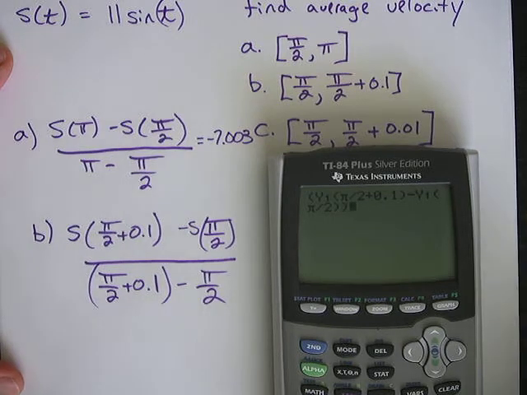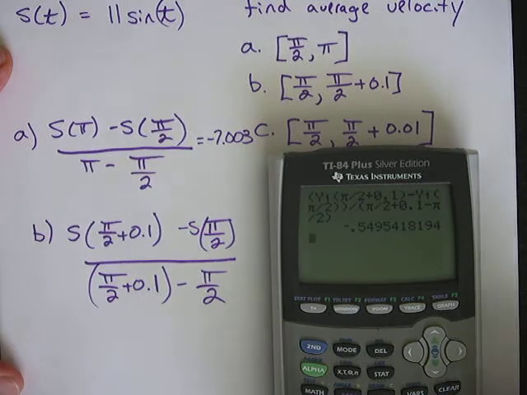Close parentheses around the numerator, divide, open parentheses, pi over 2 plus 0.1 minus pi over 2, which you know that's just 0.1. So we could have made our life easier by doing that, but I didn't. So close parentheses, enter.